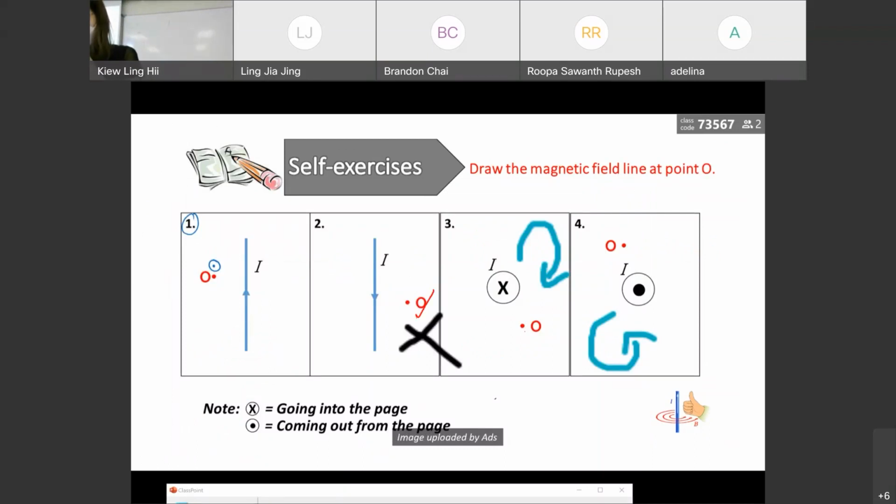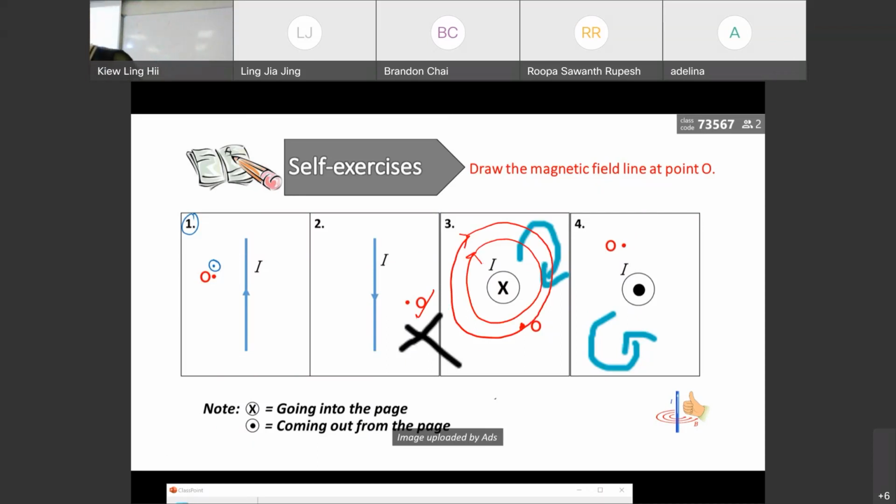This is your point. So what is actually the direction at point O? At point O only. From your right hand grip rule, it is going clockwise like this, right? So when passing through point O, this is your circle. Remember our rule of thumb number 1: at a point, it must be equivalent to the tangent.